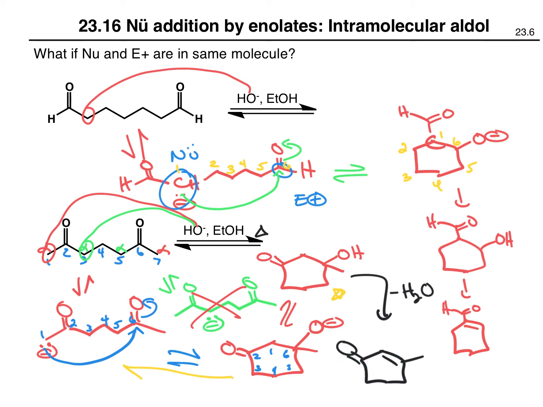So just as we saw for intermolecular reactions, intramolecular aldol reactions can also occur. For addition to an aldehyde, the aldol addition product can happen, and with elevated temperature, the aldol condensation can occur. With nucleophilic addition to a ketone, the nucleophilic addition reaction is not favored, and so not much of that product would be isolated unless it's heated up to lead to the aldol condensation product.